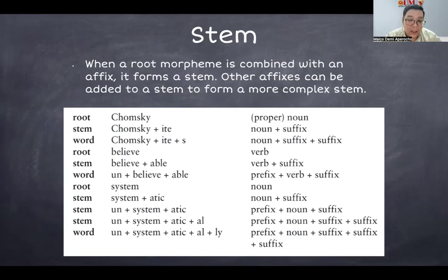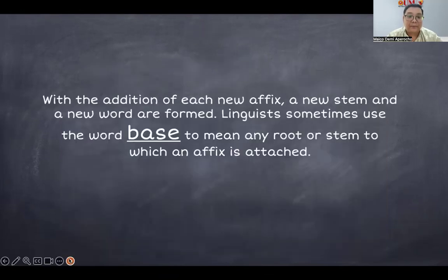So that's how we analyze the morphological structure of our words. Until you have reached the ultimate word that you can produce out of the affixation process, you cannot yet say that it's already a word. It remains a stem in that case.